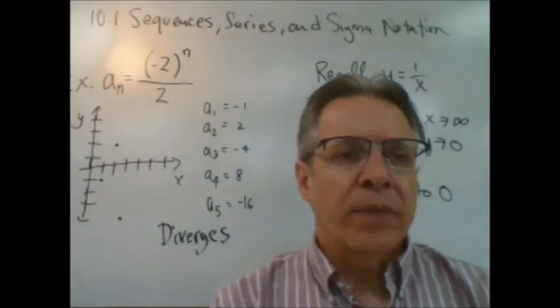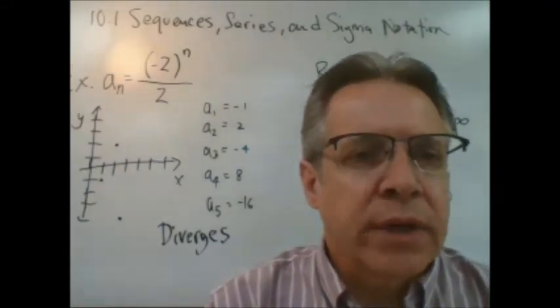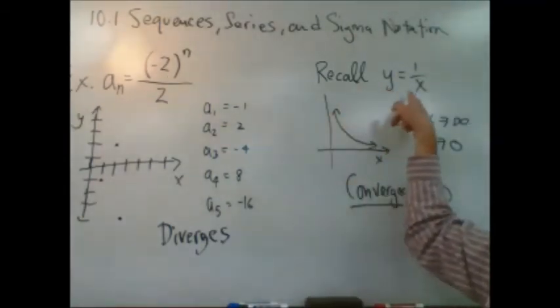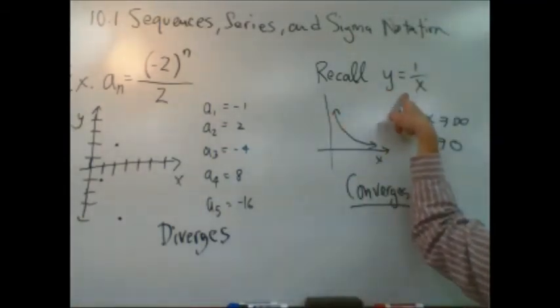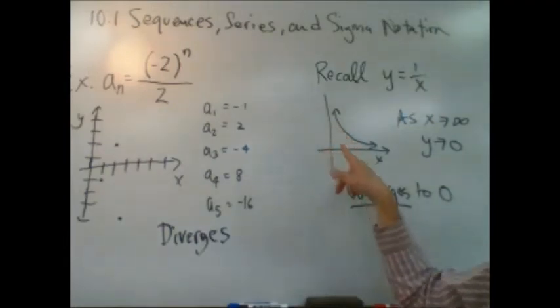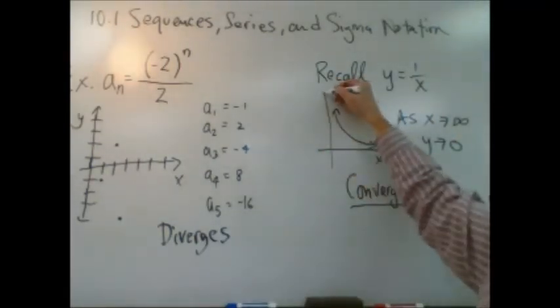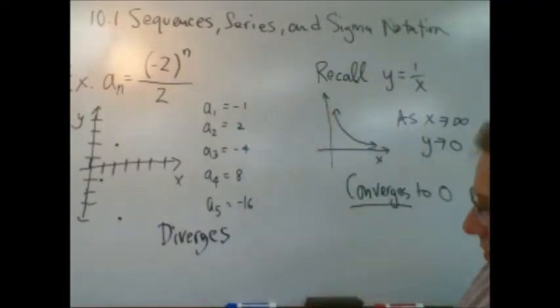And so I'm going to start by having us recall the function y equals 1 over x. So just half of the function drawn here, the positive part of it.